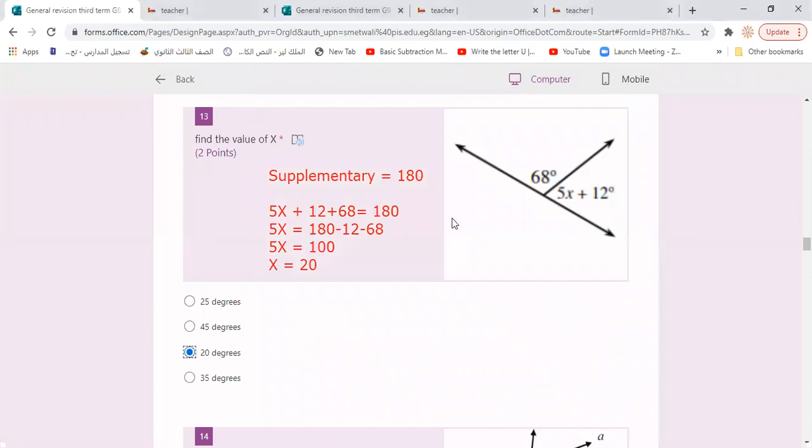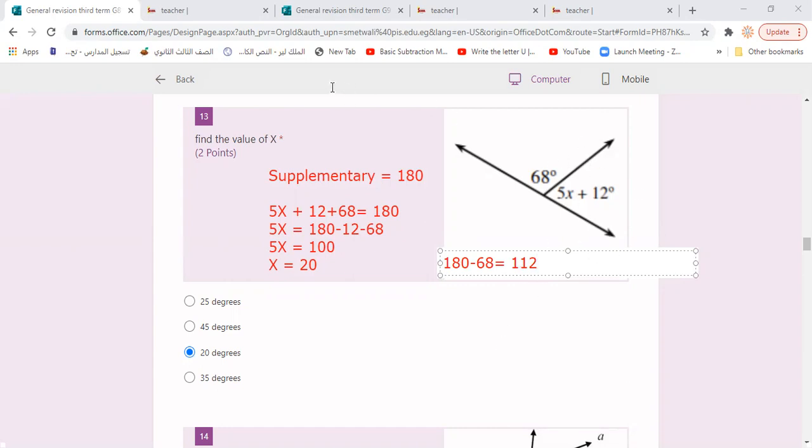We can answer this question by another way. From the beginning, we can say 180 minus 68, it will be equal 112. Okay, then now we found the second part.